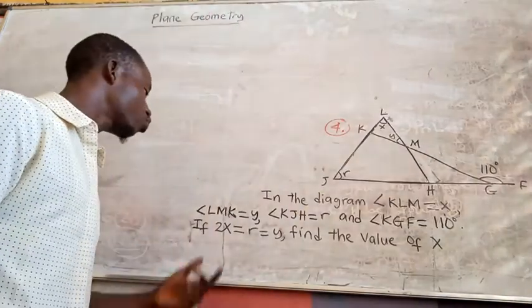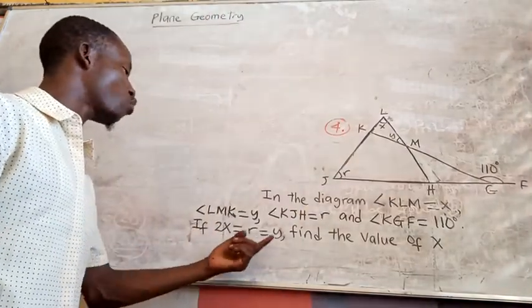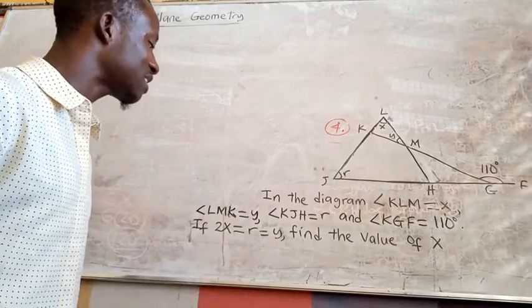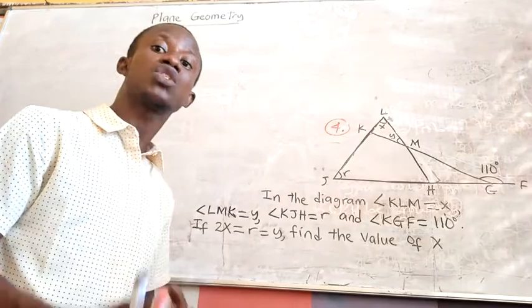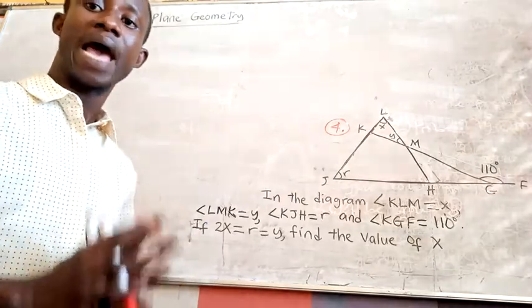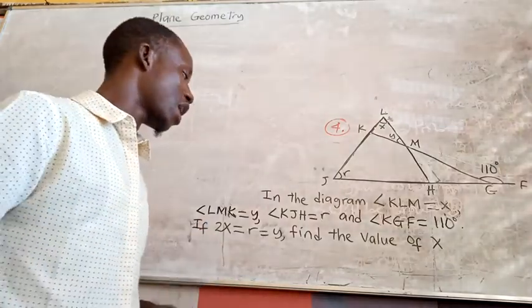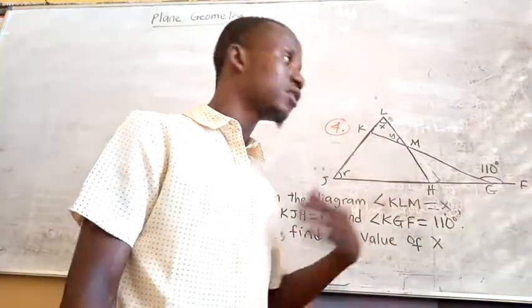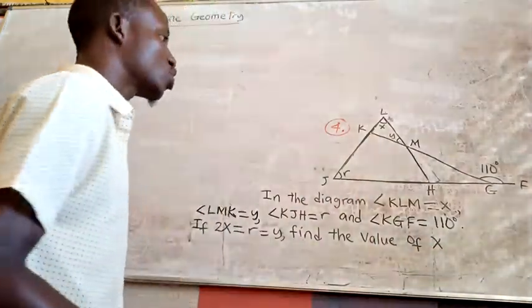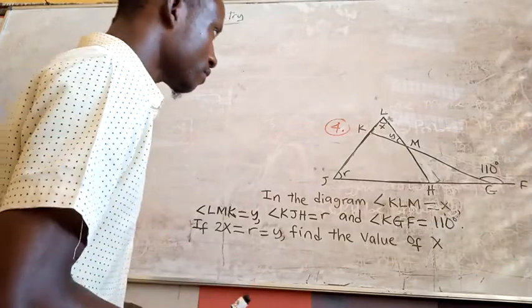We are told that 2x is equal to r, which is equal to y. So we can clearly see that r and y will be substituted by 2x, and we are asked to find the value of x. Let's see how we can solve this problem easily.